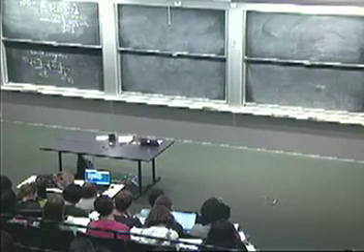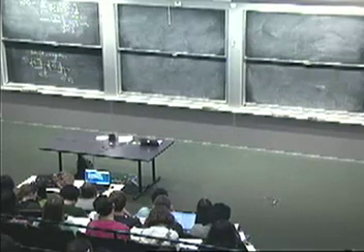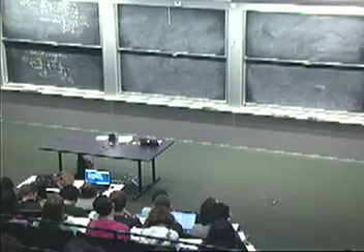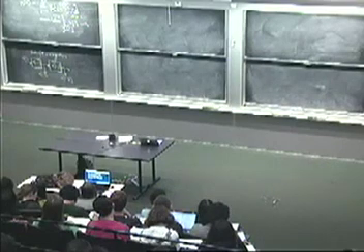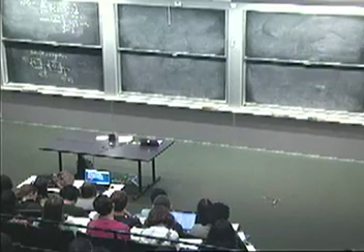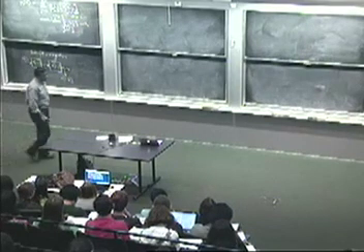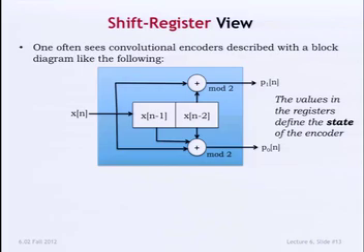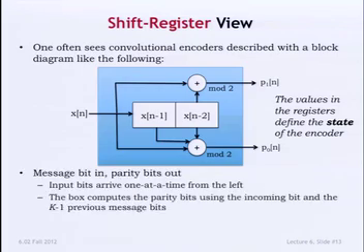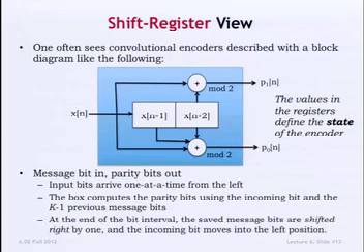So here's a 4-state shift register into which we're feeding in the stream. And what gets put out on the channel are these parity bits interleaved. That clear enough? Okay. Nothing I haven't said here, right?